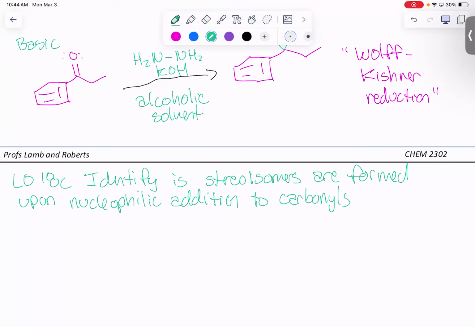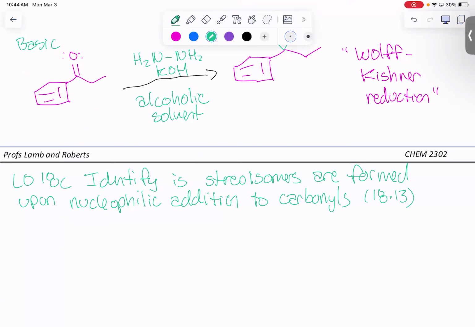In this case, we're learning about aldehydes and ketones specifically, but this can be used for any carbonyl. This is chapter 18.13. We learned a lot about stereochemistry over the last couple of days, so let's see what we're thinking here.